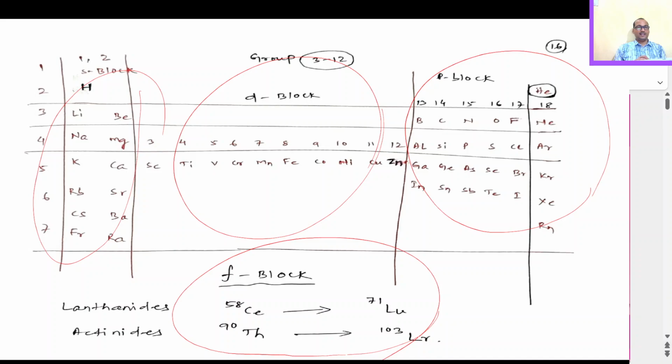These are called alkali and alkaline earth metals. These d block elements, scandium to zinc, are called transition elements. Then p block elements, and at the extreme right are the noble gases, and at the bottom you have f block elements from cerium to lutetium and thorium to lawrencium.